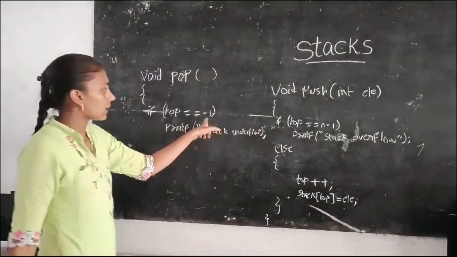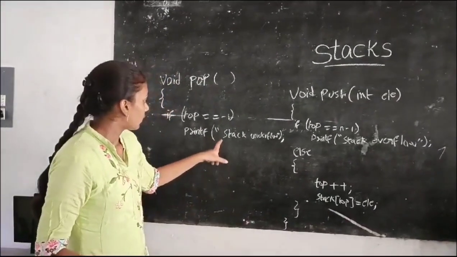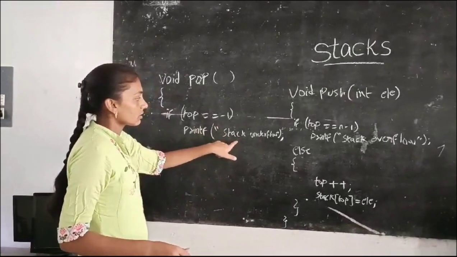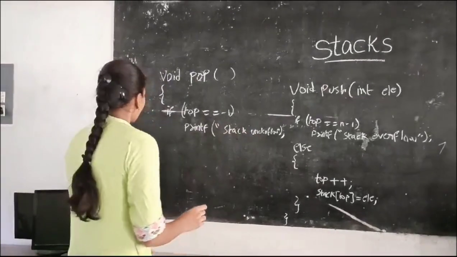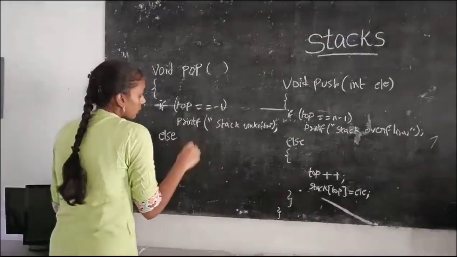At top equals -1, there are no elements to delete in the stack. That situation is known as stack underflow. Else means when there are elements to delete in the stack.